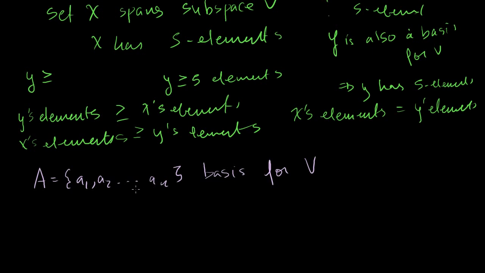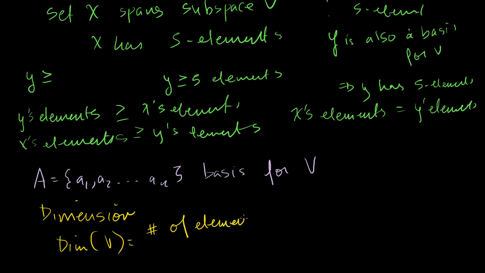And so we can define a new term called the dimension. The dimension of V, sometimes written just dim V, is equal to the number of elements, sometimes called the cardinality, of any basis of V.